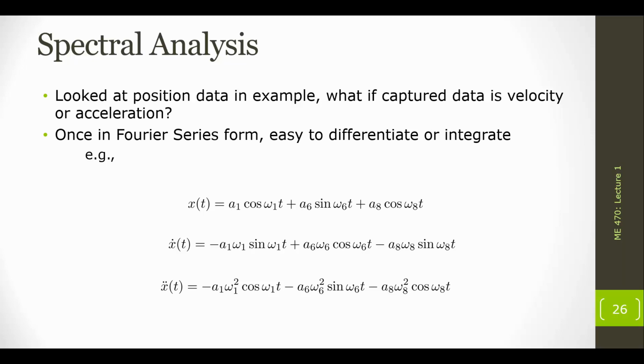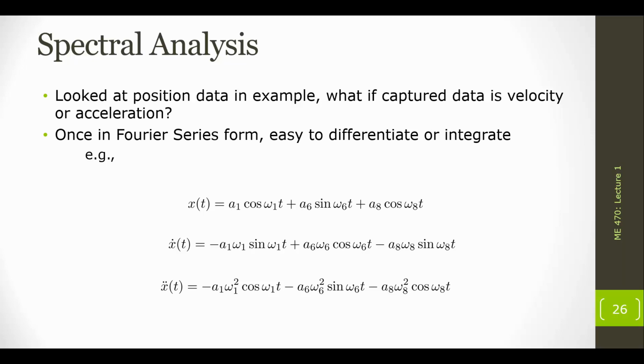What we have to be aware of is, let's say we captured accelerometer data. The coefficients we're finding with the DFT from the acceleration are not simply the A1s as they would be if we were talking about position, but would be like negative A1 omega 1 squared. And then the sixth term we would look at is negative A6 omega 6 squared.